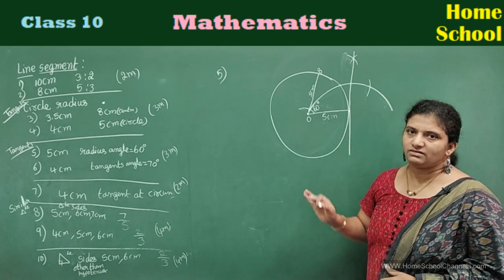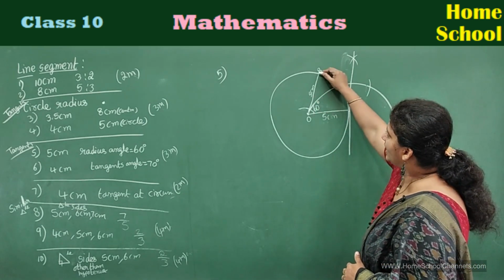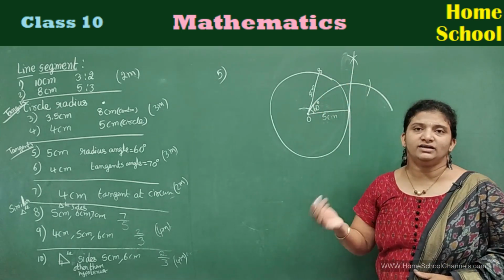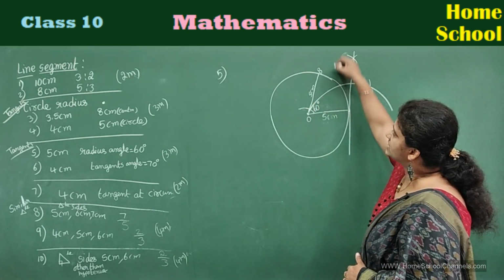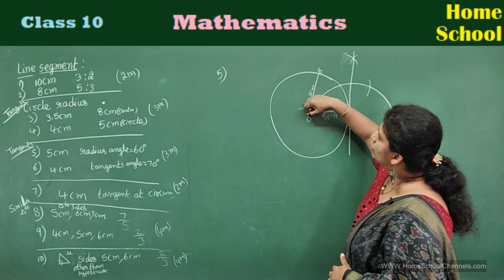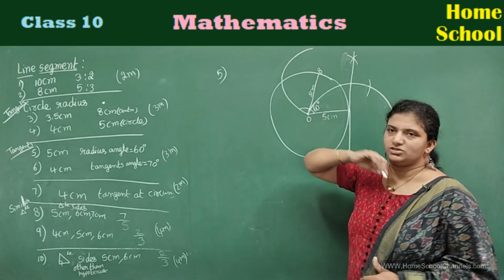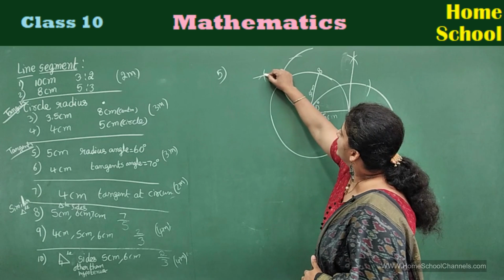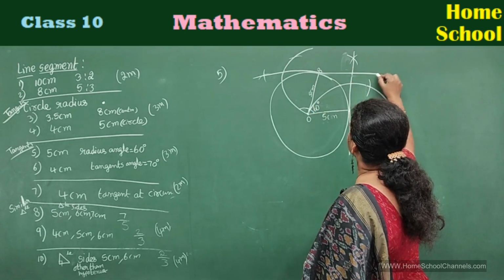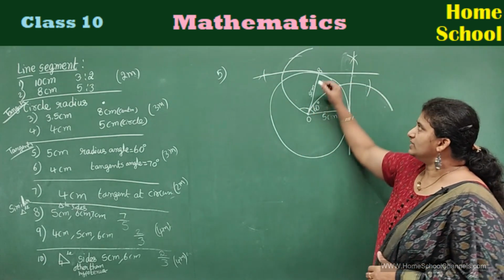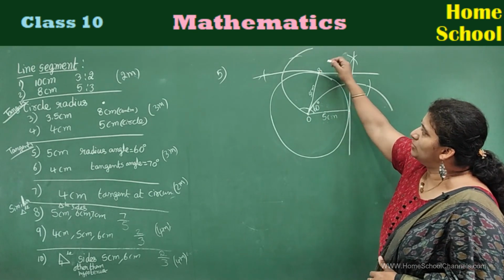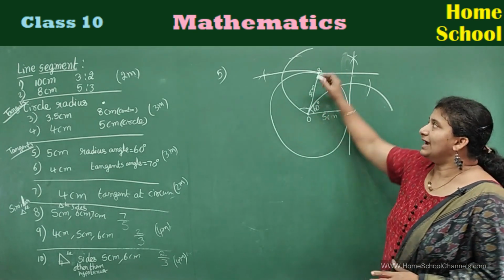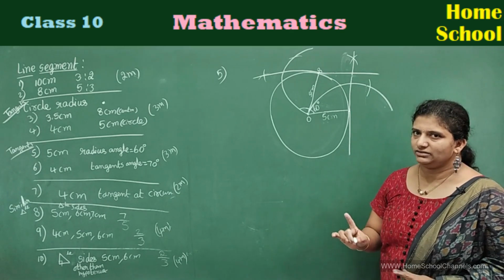In the same manner, you can do another tangent for this radius. Either you may do the semicircle this side, or this side also, no problem. So look here, again like this you may get one tangent. Okay, so this is the point, it touches at only one point, children. That is called a tangent.